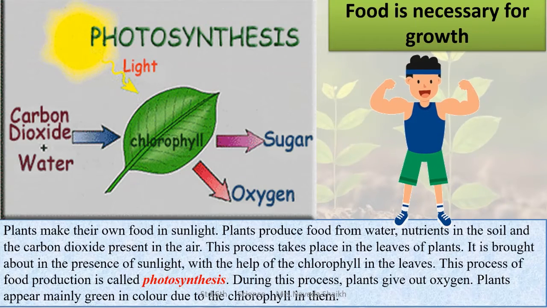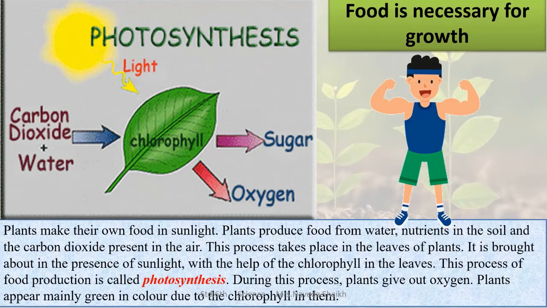This entire process is called photosynthesis. Now remember, during photosynthesis, plants take in carbon dioxide gas. Remember this, it is important. Photosynthesis, what do they take in? They take in carbon dioxide gas, they take in water and nutrients, they take in sunlight, and they have chlorophyll.